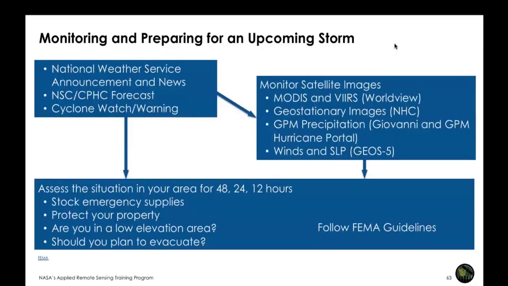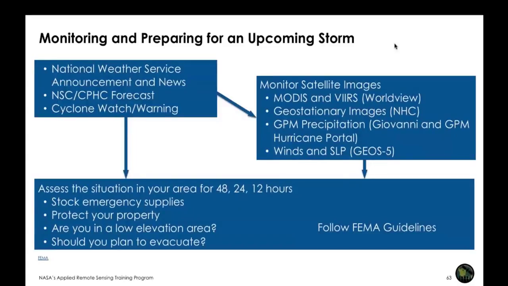You can monitor precipitation from GPM and winds and sea level pressure from GEOS-5, especially rain and wind. If you monitor them, then you know whether in the next few hours you are going to have a lot of rain or damaging winds, or what you would want to prepare for.